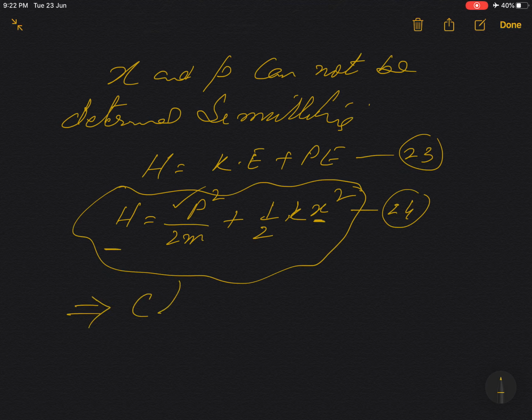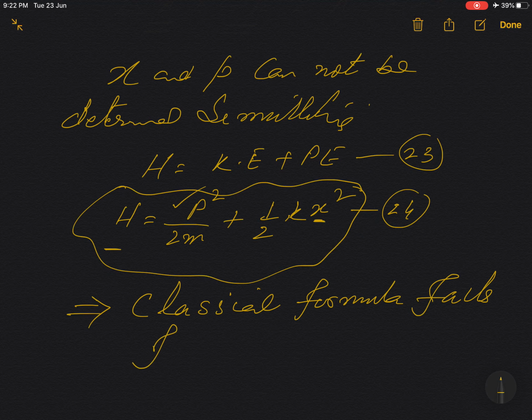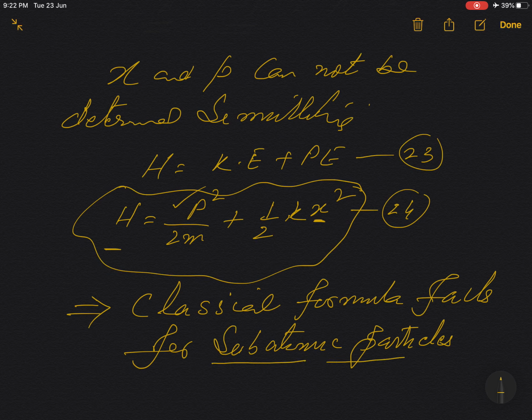This implies the classical formula fails for subatomic particles. By subatomic particles, we mean electron, proton, neutron, and so on.